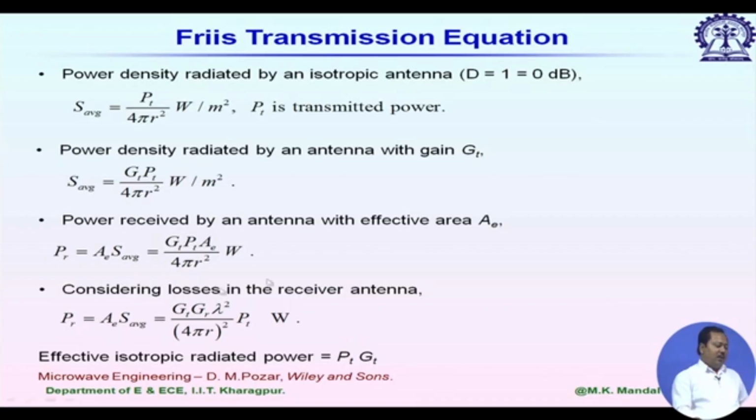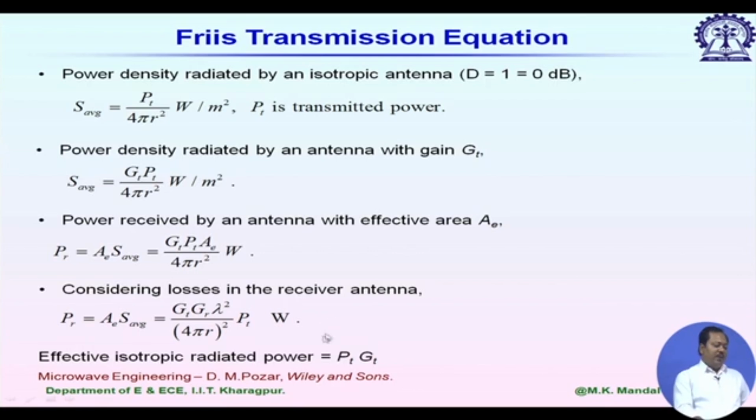We use that formula here, then PR becomes AE into S average, in terms of the gain of the receiving antenna, it is GT GR into lambda square by 4 pi r whole square into Pt in watt.